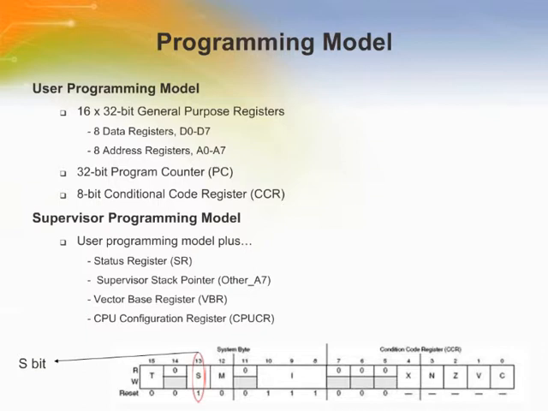There is a 32-bit program counter which defines the current instruction being executed and an 8-bit condition code register, which contains indicator flags to record the results of previous instruction execution. This includes flags to signal a negative result, zero, overflow, and a carry out. These flags are used by conditional branch instructions to determine whether the branch should be taken or not.